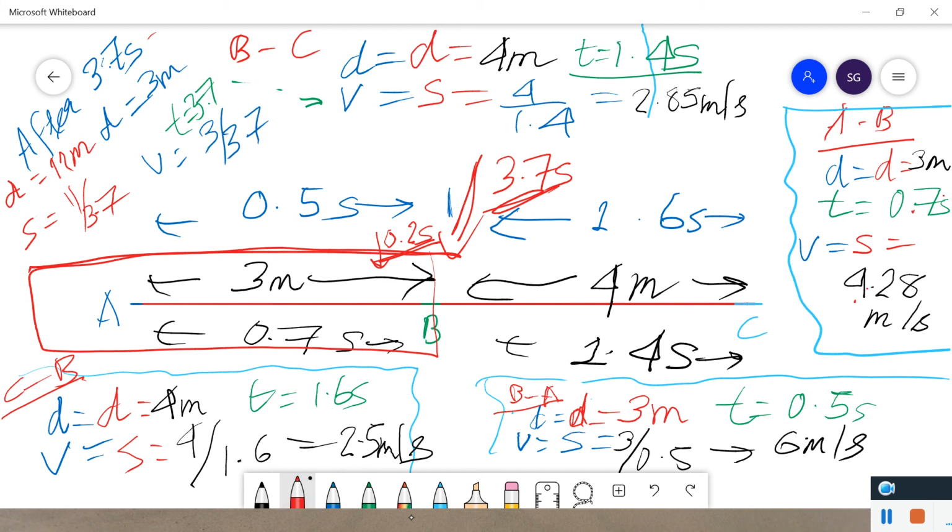So speed will be 11 divided by 3.7 is equal to 2.97 meter per second, and velocity would be 0.81.